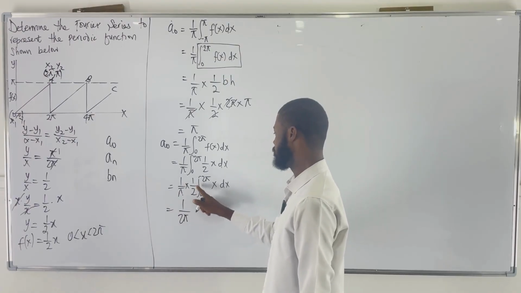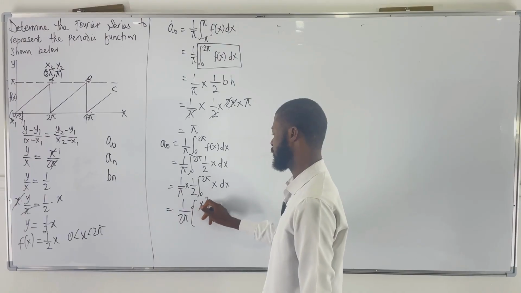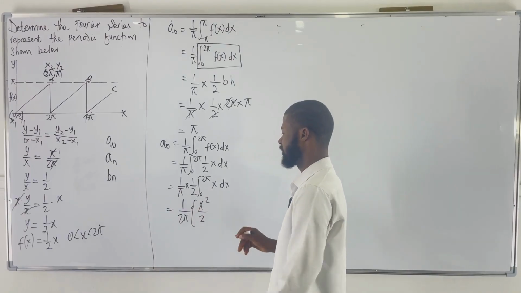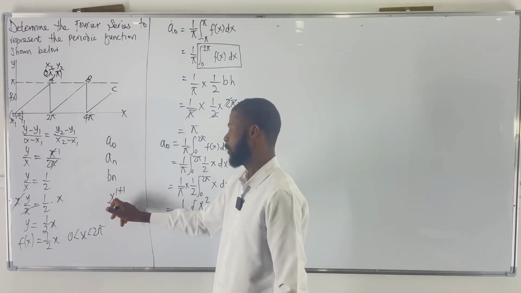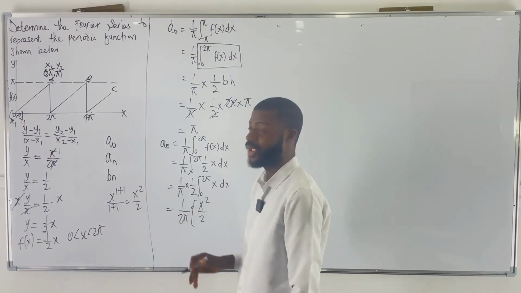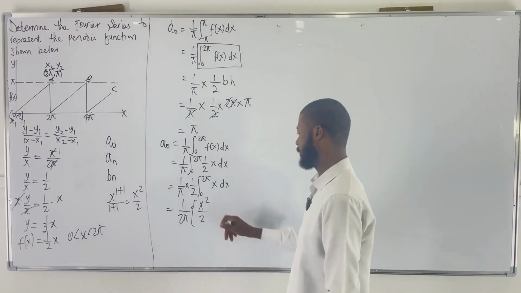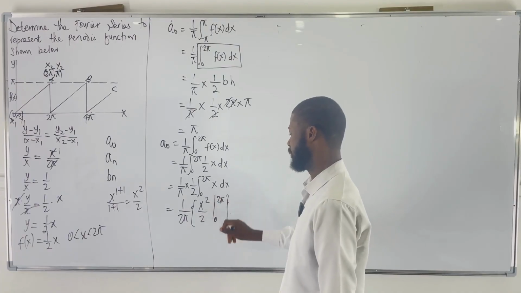Now if you integrate x, you would have x squared over 2. Remember that to integrate x, we're going to say this is x to the power 1 plus 1, over 1 plus 1. So this would then be x squared over 2 if we integrate. Okay, and then our limit is from 0 to 2 pi. Beautiful.